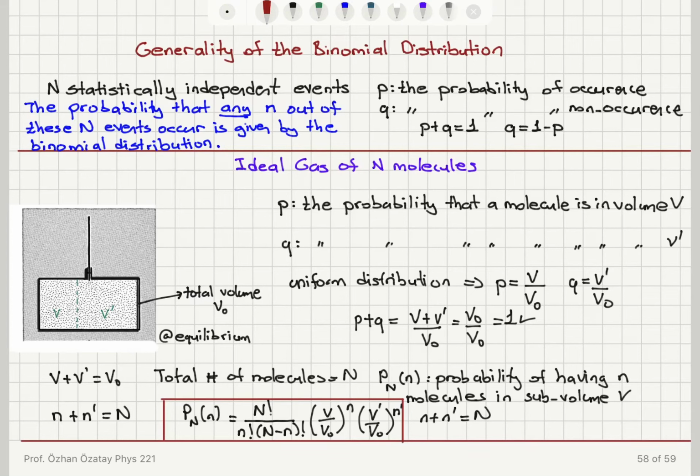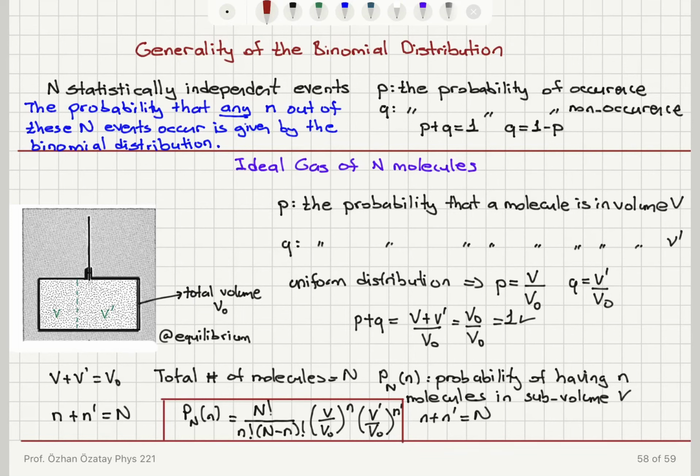If I call P the probability of occurrence of a possible outcome, Q is the probability of non-occurrence, then P plus Q must be equal to 1, because an event either occurs or doesn't occur. Now, if I ask the probability of having any n out of these capital N events occur, it will be given by the binomial distribution. We have already shown it for the ideal spin system consisting of capital N spins.